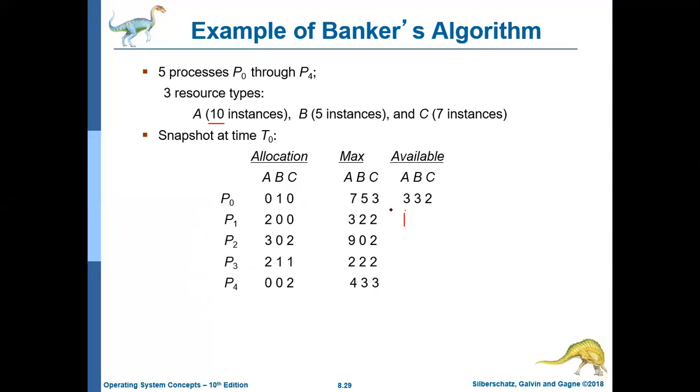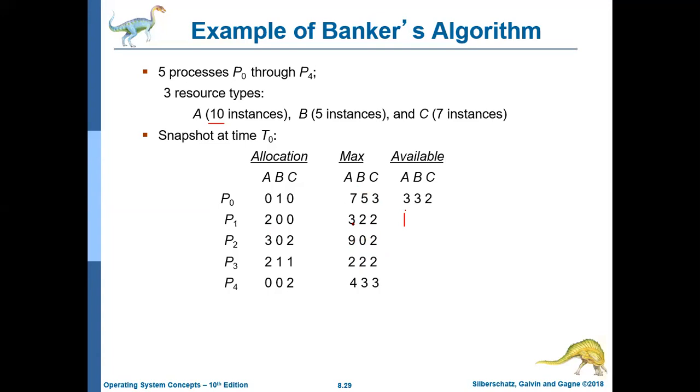It should not be there. You have to subtract 0 from 7, 1 from 5, 0 from 3. So these are the individual values. You cannot say that this is 322, this is 902. No, it's not that. 9A, 0B and 2C. So you should subtract A from A, B from B, and C from C.